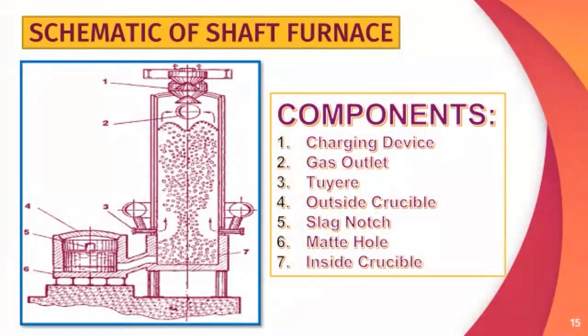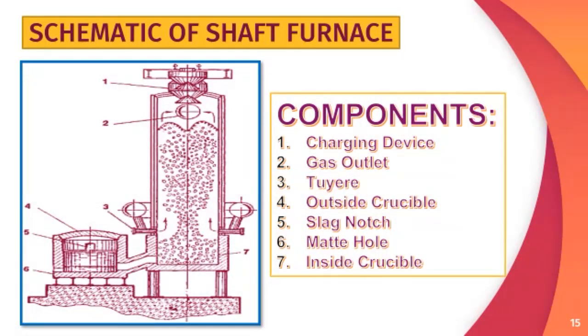Now, this is what a shaft furnace looks like. You all can see the various parts of the shaft furnace. The main component of the shaft furnace comprises the top, through which the charge is loaded and the gaseous combustion products are discharged. A shaft equipped with two ears through which either a blast for fuel combustion or hot gases are supplied, and an inside crucible with a refractory lining where the molten products are collected.